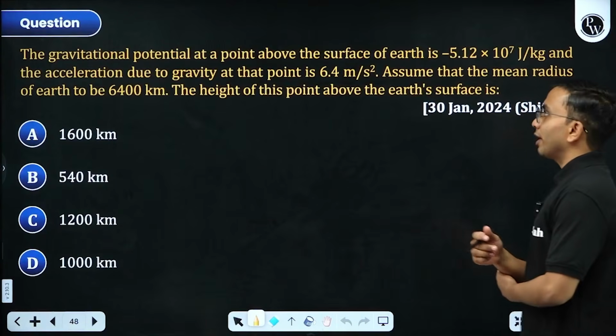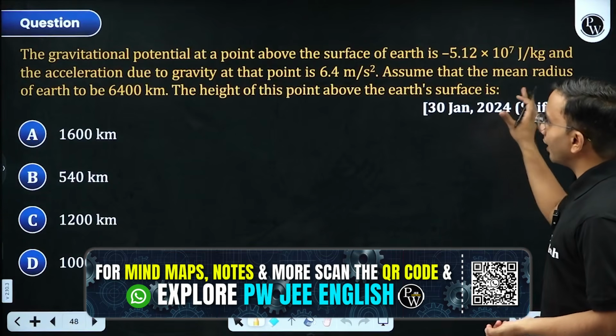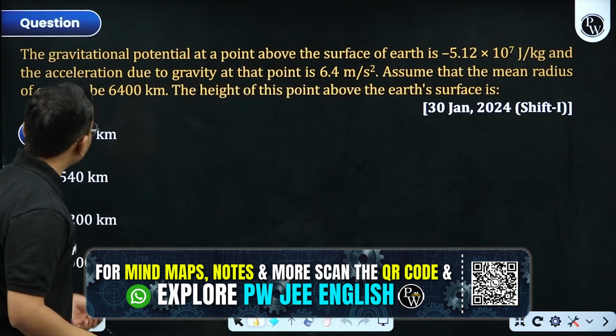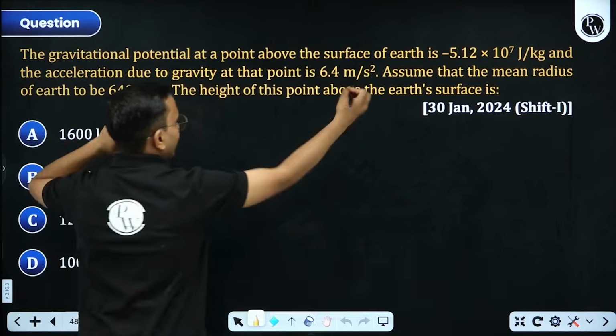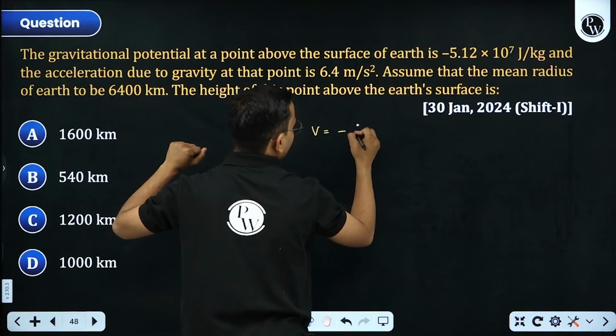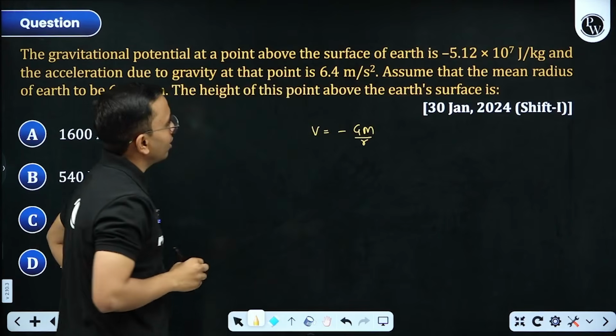Another question. Gravitational potential at a point above the surface of earth is this, and acceleration due to gravity at that point is this. Assume the mean radius of the earth to be this, the height of that point is. So potential is given. When I write potential, I'll say this is minus GM by r, since it is above the surface.